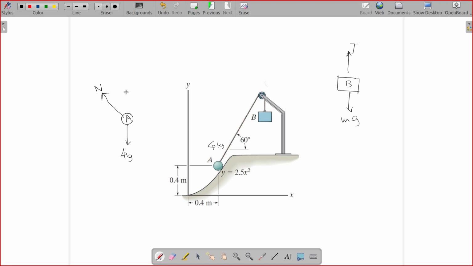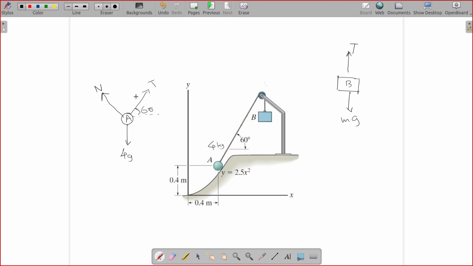And what else do we have? We have the tension from the rope, T. So this is not difficult at all. This angle here is 60 degrees.